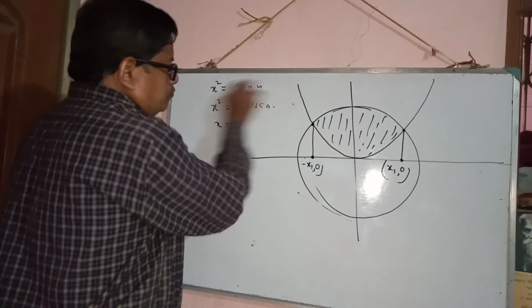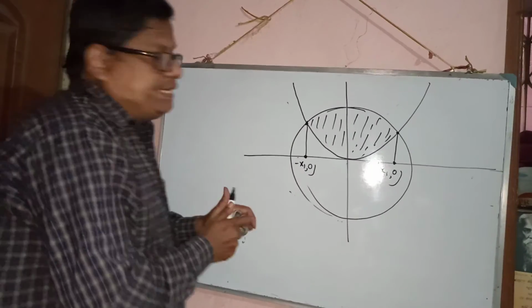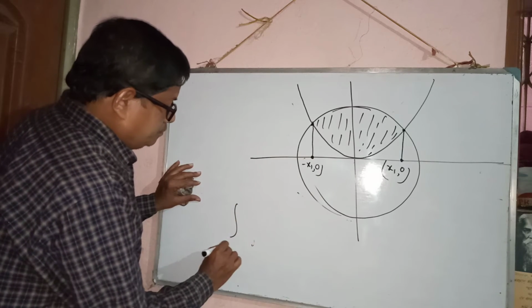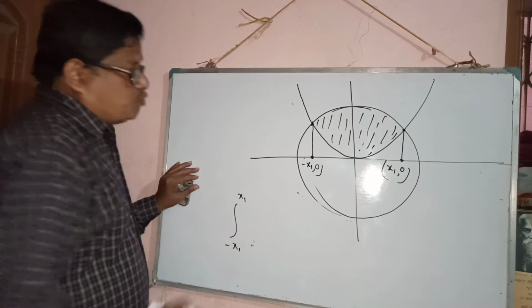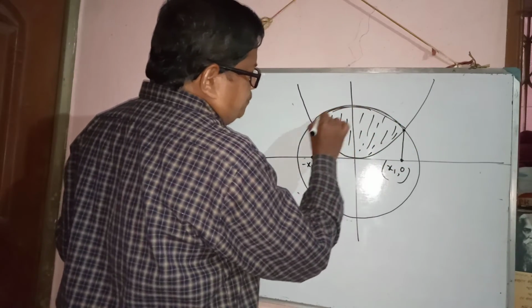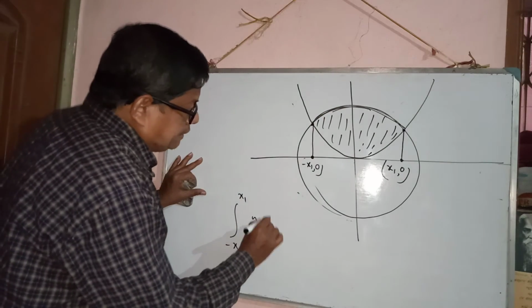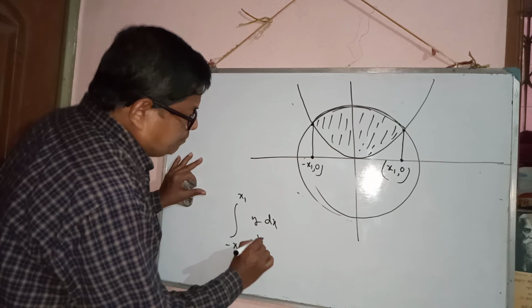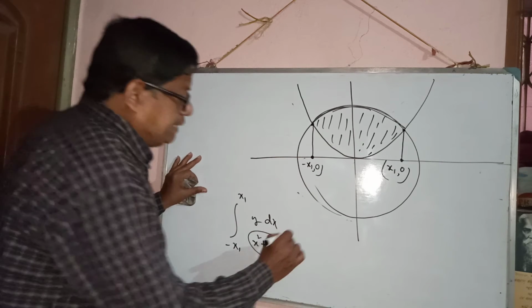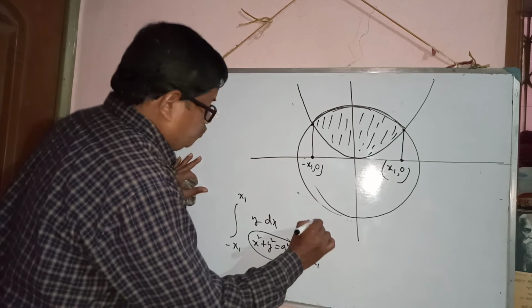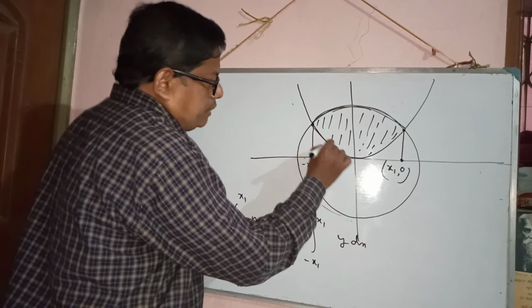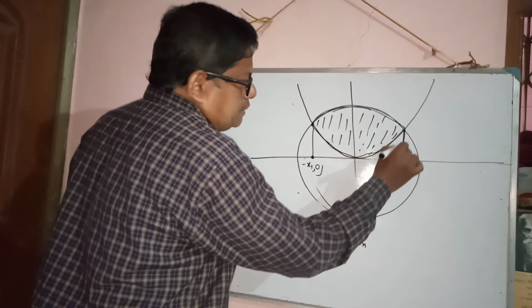See, first find out the area. So minus x1 to plus x1, this curve, the equation of the circle part, this part. So y dx, that is x square plus y square equal to a square, this part, minus x1 to x1, y dx, this is the down part, this curve.